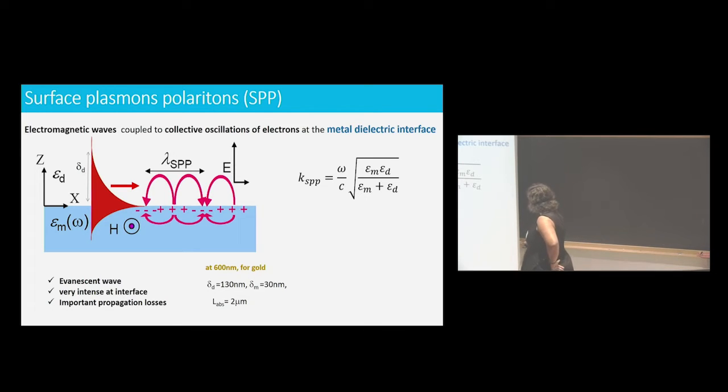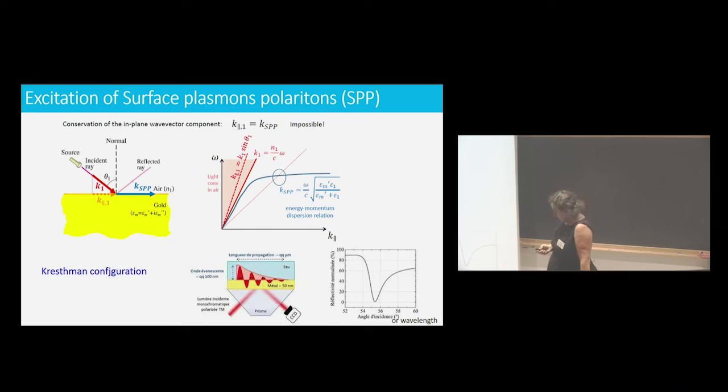And you can see that here, as epsilon m can be negative, you can have a resonance of the system. That's why you have the plasmons. The fact that you have such dispersion, which is again expressed here, of the plasmons, makes it not so easy to excite the plasmons.